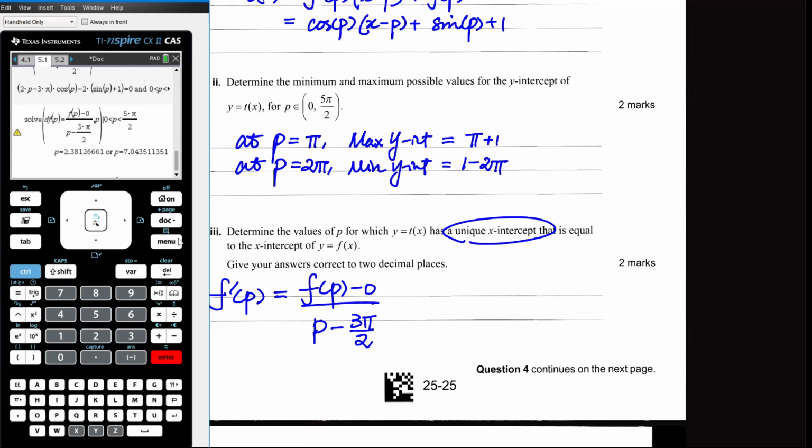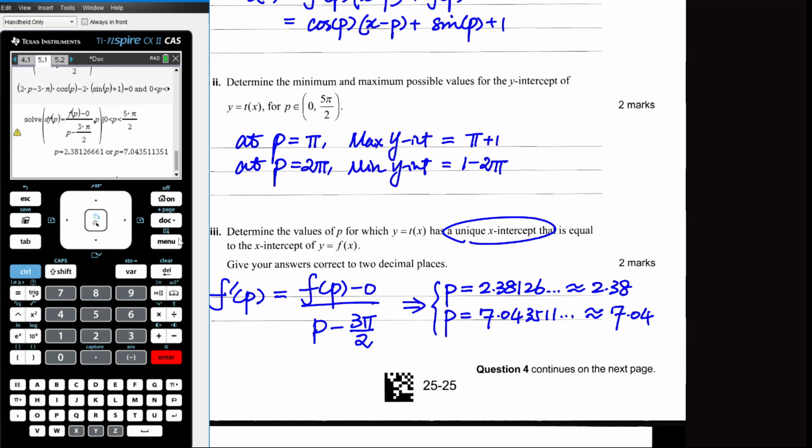And then we could get two values correct to decimal places. We have p equals 2.38126. So that's rounded to 2.38. And the other p-value would have been, let's say, 7.043511. And that's rounded to 7.04. So there are two p-values.